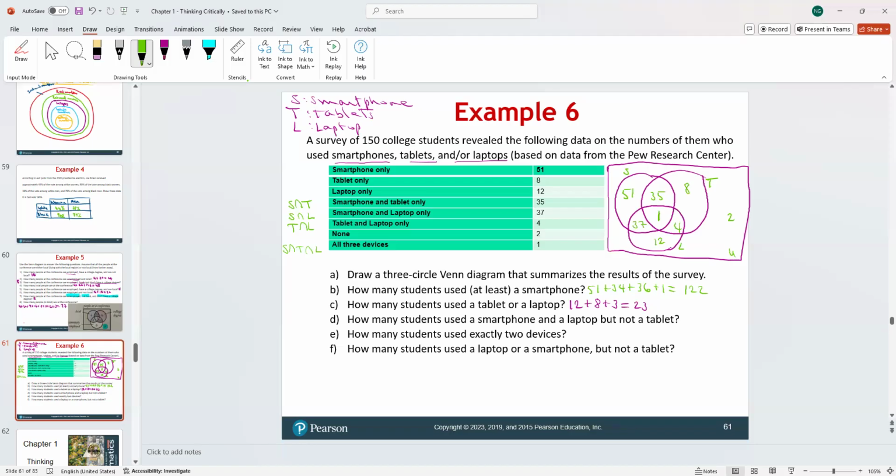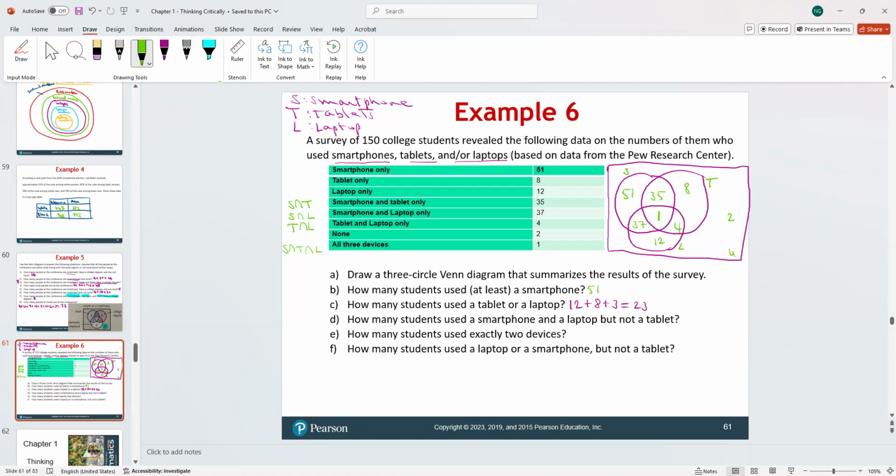We have 35. Okay. Now, my concern, the first answer was incorrect. I need to fix it as well. Okay, I just noticed my mistake because we said how many students use at least a smartphone?